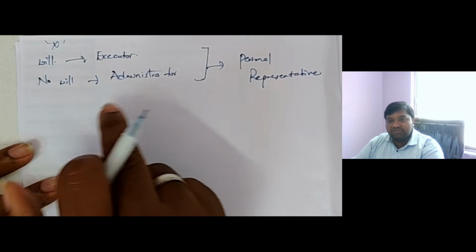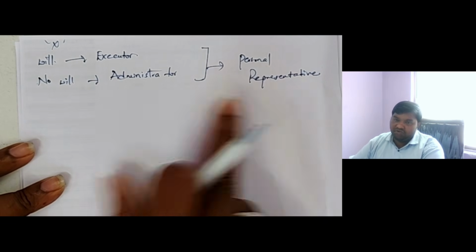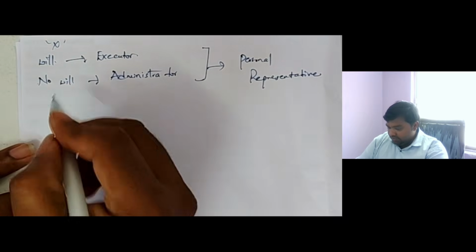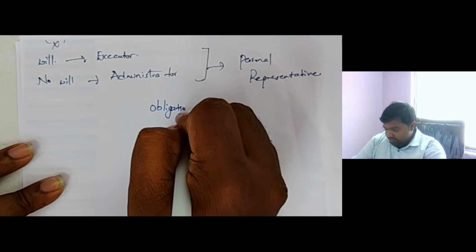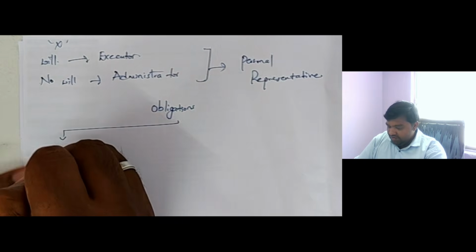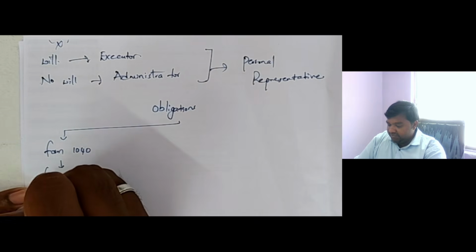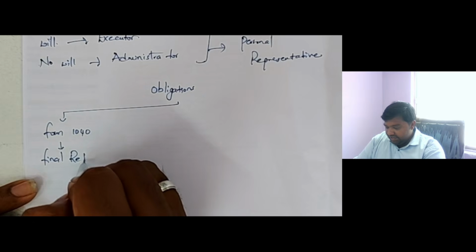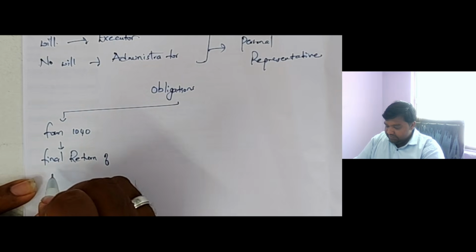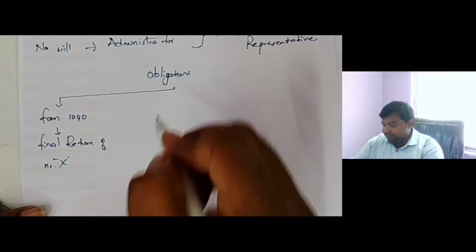If the court appoints, we call them administrator. The IRS calls them personal representative, whatever the name is. So there are 3 obligations. One is form 1040, final return of Mr. X. That is the first obligation.